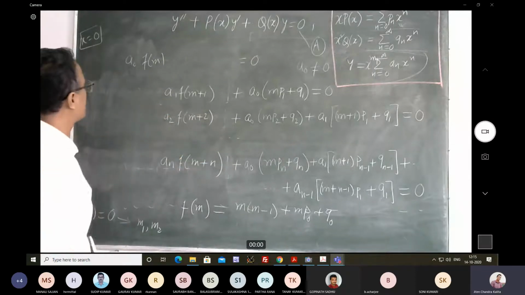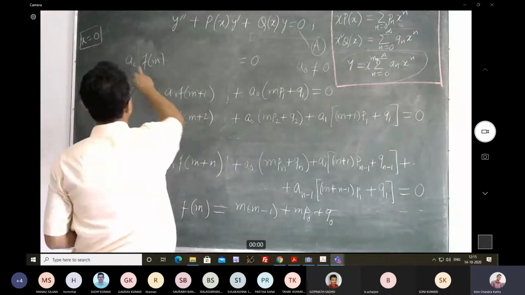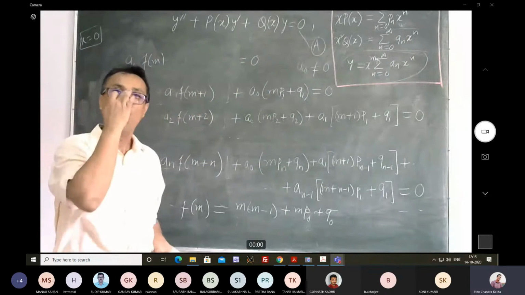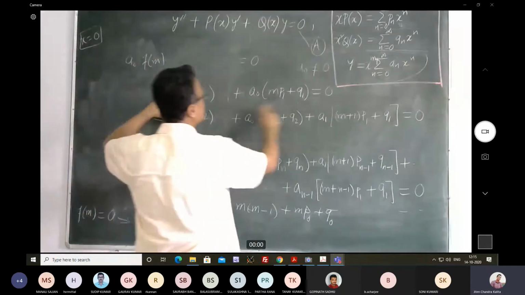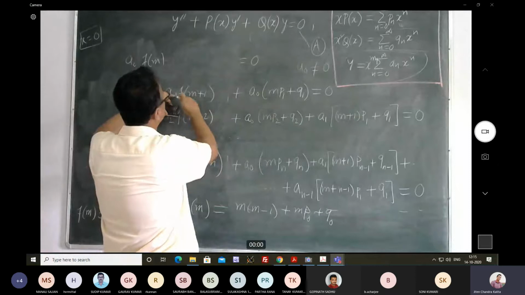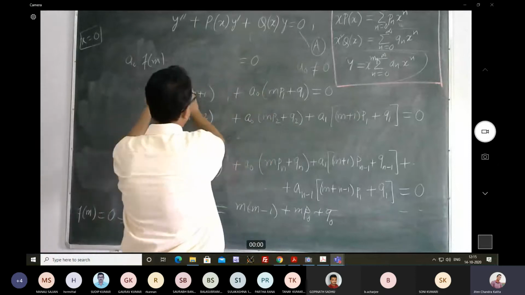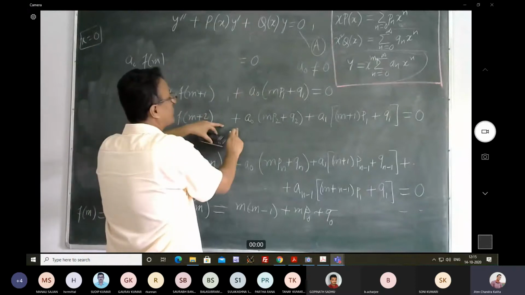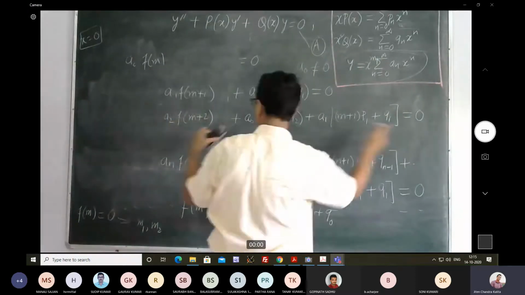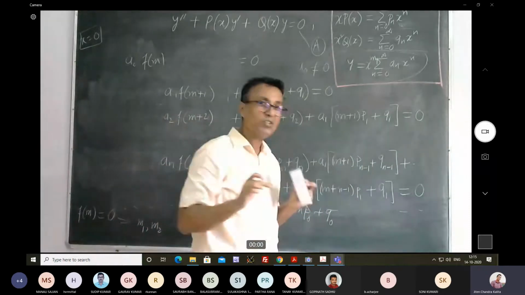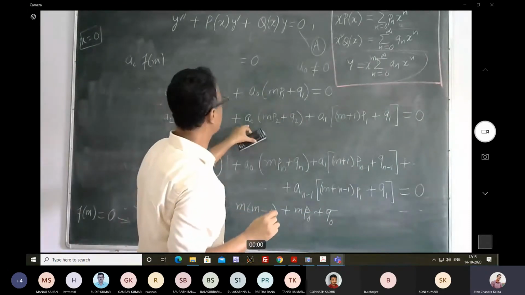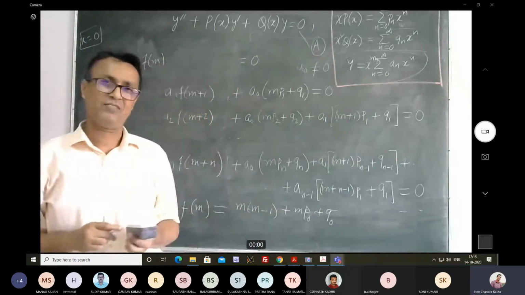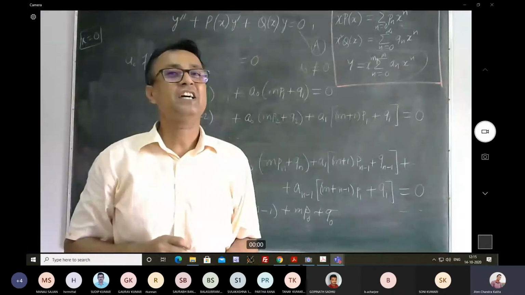So as you can see, since a0 is not equal to 0, I have already told you that a0 is generally taken as 1. So then from this equation, I can get a1 in terms of a0. So that means I have been able to find out both a0 and a1, and then from this equation I'll be able to find out a2 in terms of a0 and a1 here, and similarly from the last one, an in terms of a0, a2 up to a_{n-1}.